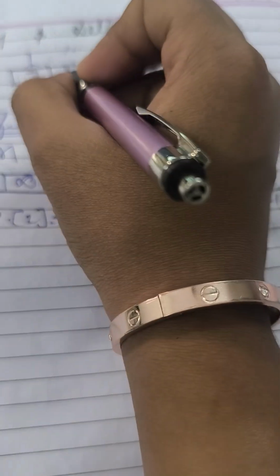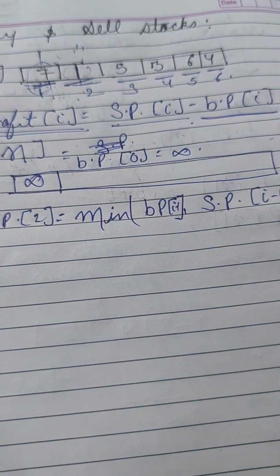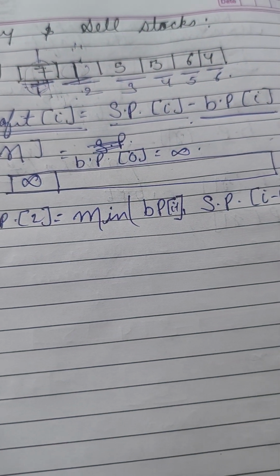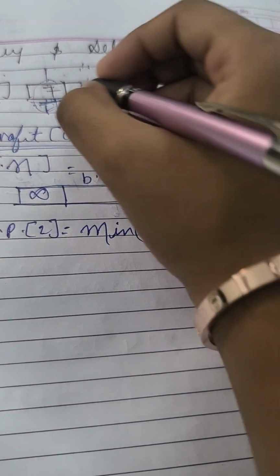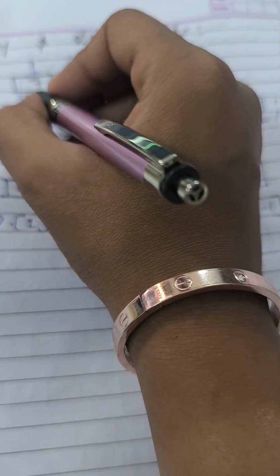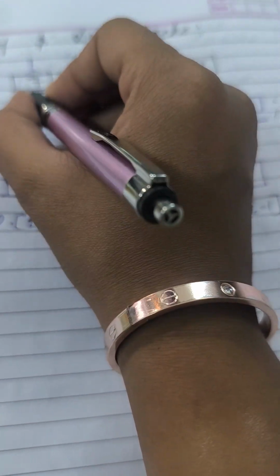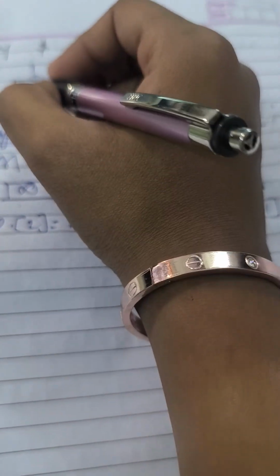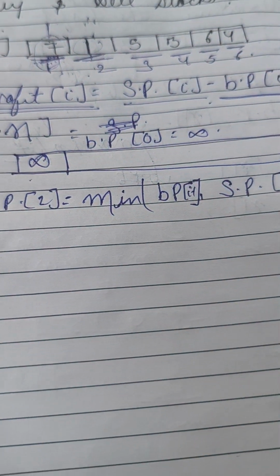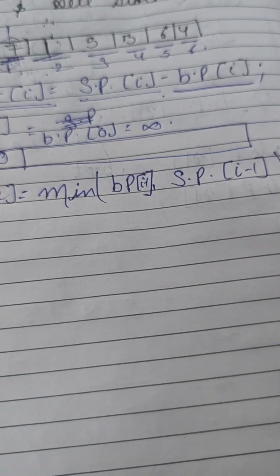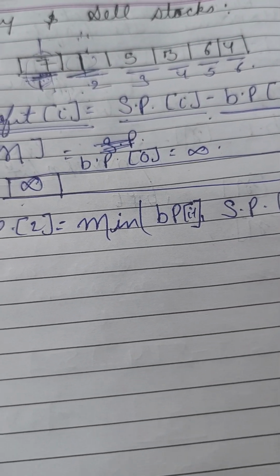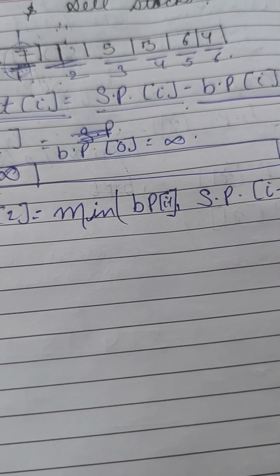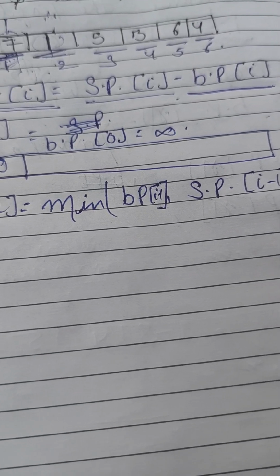So she is selling it at this price. What will your mother do? She will try to find out the minimum of these two. For buying the gold on a particular day, she is going to take the minimum amount, and only if she is buying the product is she capable of selling.